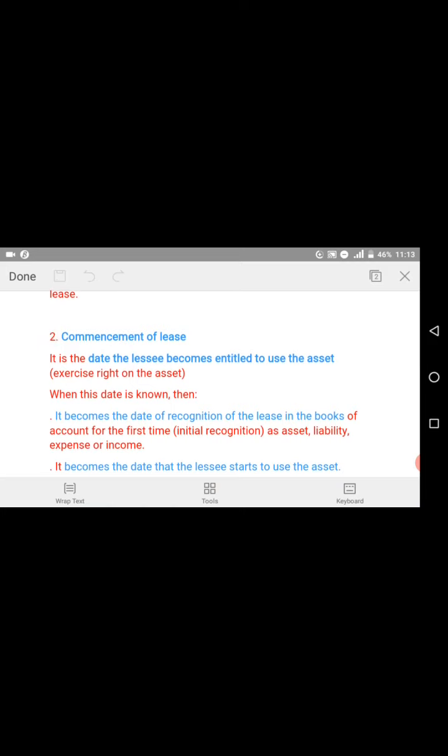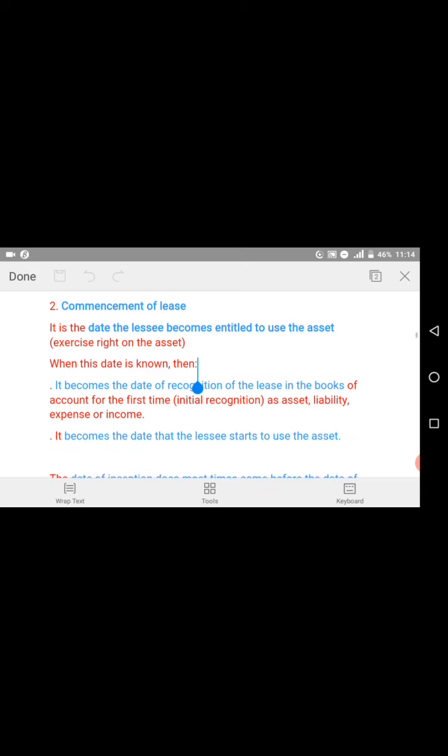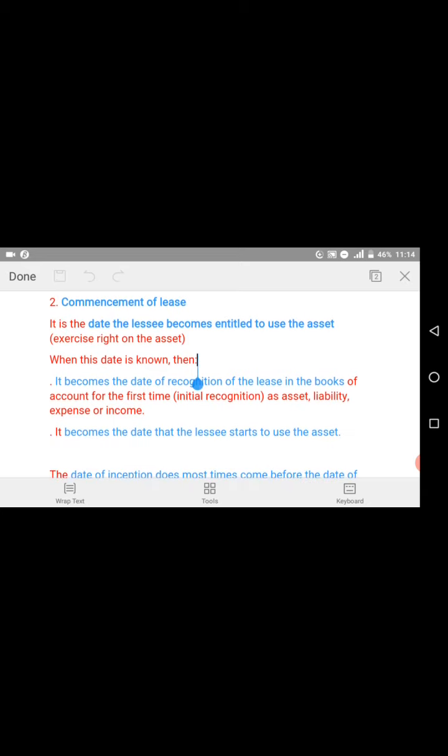That is the date the lessee becomes entitled to use the asset. We'll give examples shortly before the calculation aspect of this topic, which will be in our part 2. Then we'll continue.